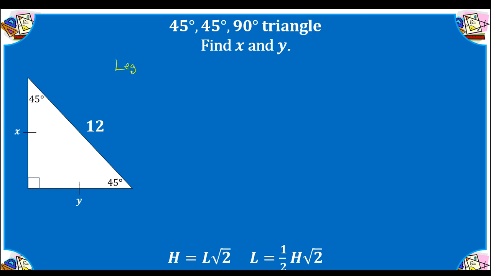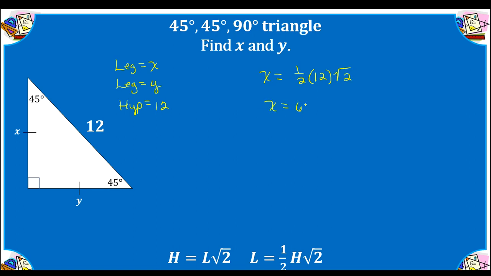We have a leg of x, a leg y, and our hypotenuse is 12. So our hypotenuse 12, let's use leg. So I'll just start with x. X equals 1/2 times your hypotenuse times the square root of 2.